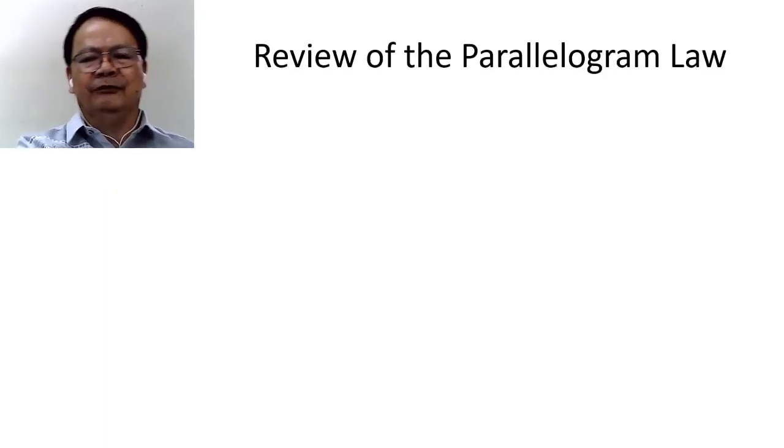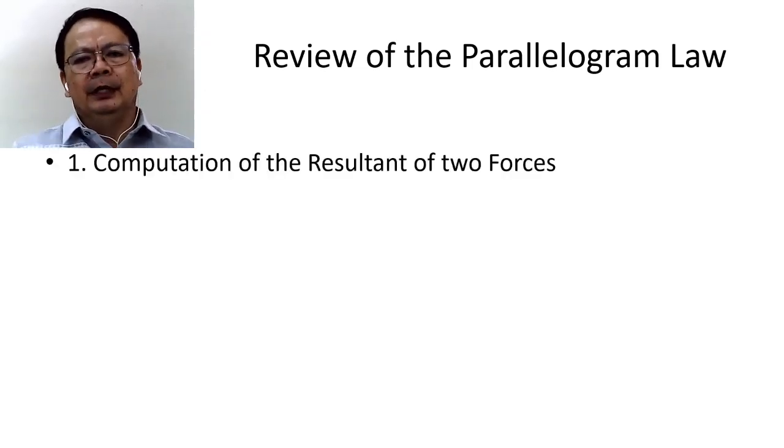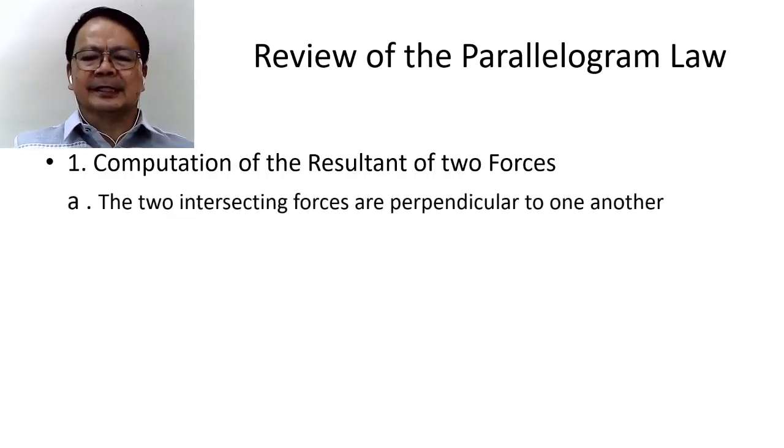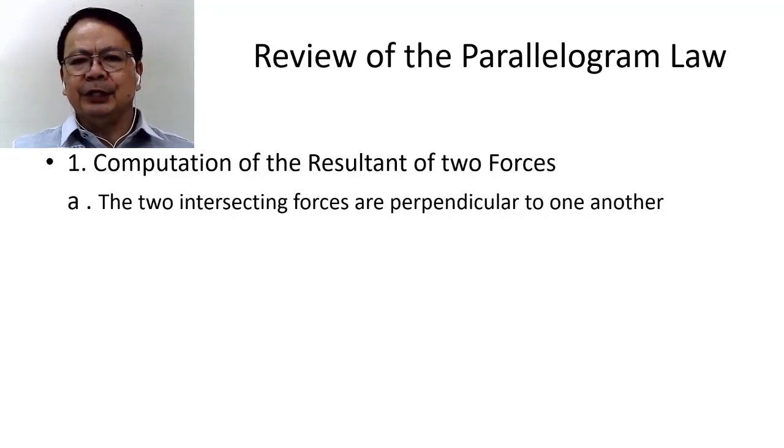And so how do we compute for the resultant of a force system? We will be reviewing the application of the parallelogram law, as we have discussed in our previous presentations about the actions of mechanics. Particularly, we will be dealing with the resultant of two forces when the two intersecting forces are perpendicular to one another.